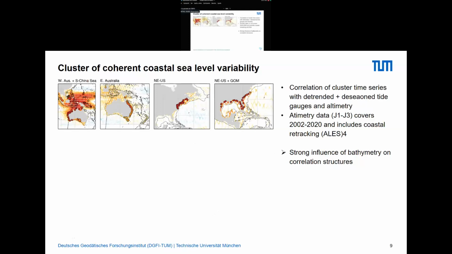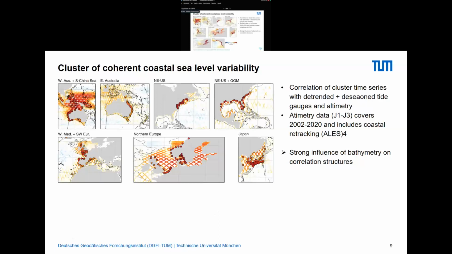Again, as in the first plot, we see that these structures are really confined to the continental shelf and also differ depending on where you are. For example, closer to the tropics, these features get much larger, and you lose this dependency on water depth, but that's of course also caused by large-scale barotropic processes.